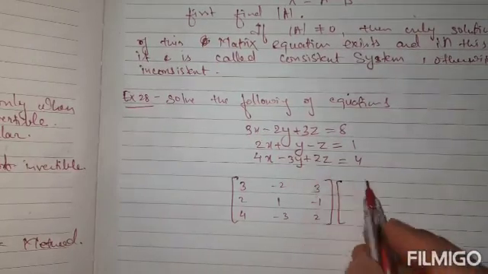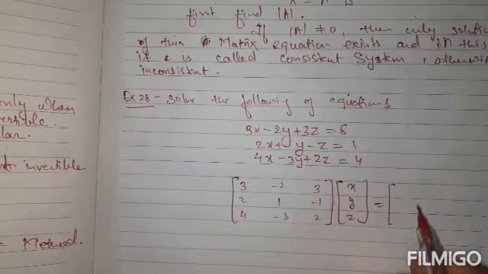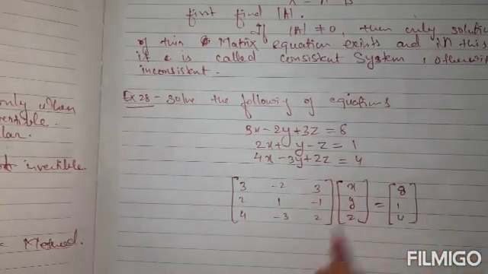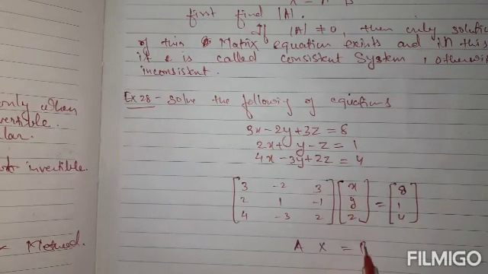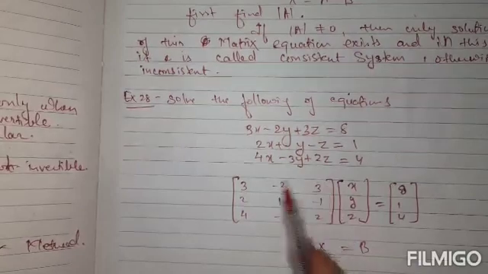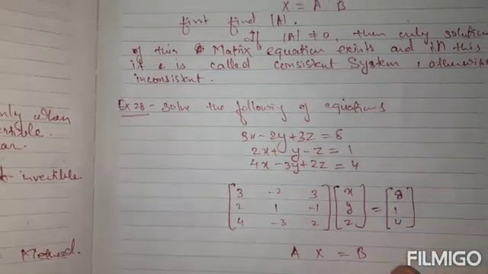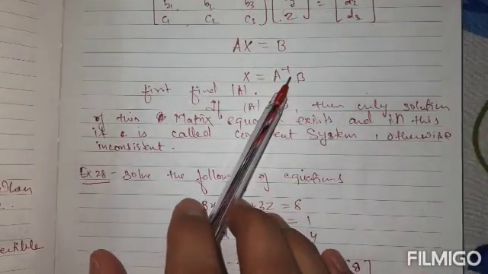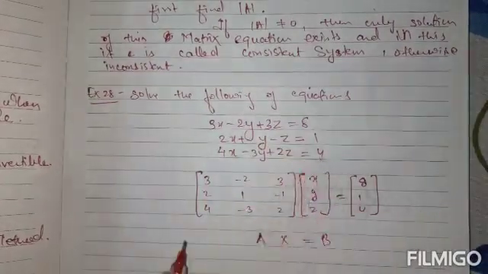Make another matrix formed by the variables, and another matrix formed by the constants. Then if it is compared with the matrix equation AX is equal to B, we get A is equal to this matrix, X is equal to this, and B is equal to this one. And you know that we can find this X by using the formula A inverse B. So we have to first find A inverse, the inverse of this matrix.